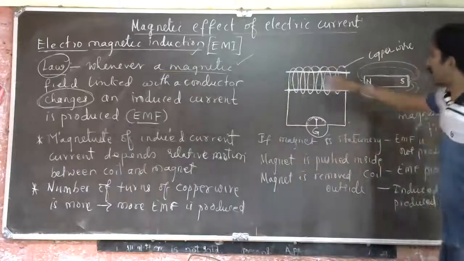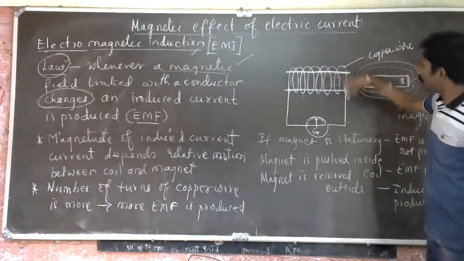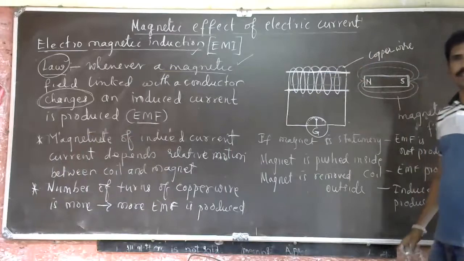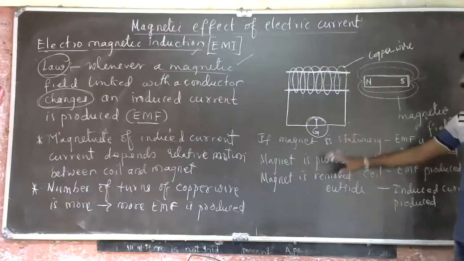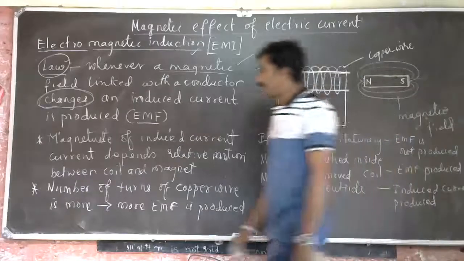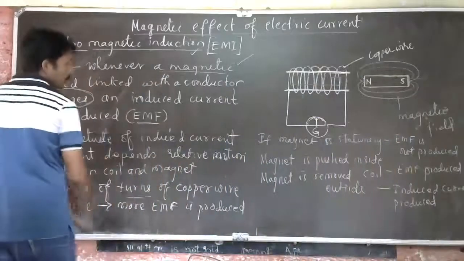Means the number of coils here is more, so more EMF is produced in the coil. So this is how the EMF is produced, depending on the number of turns in the coil.